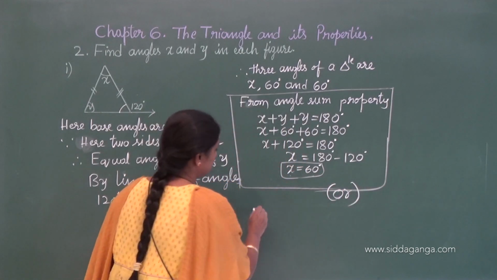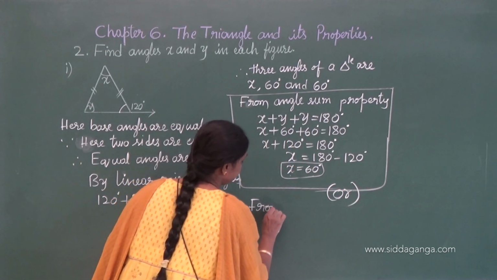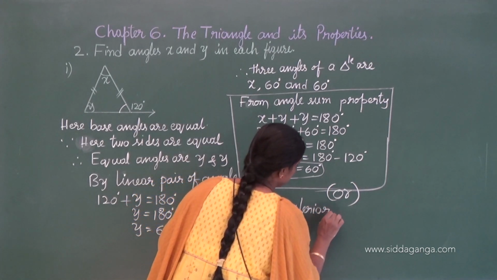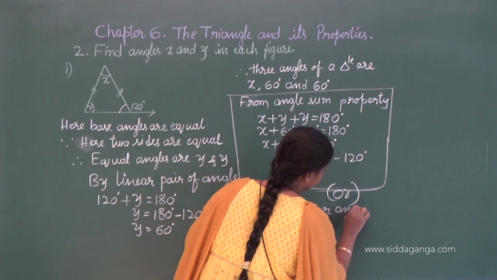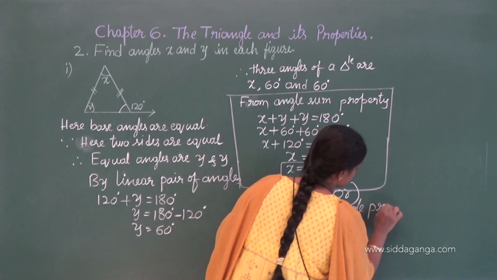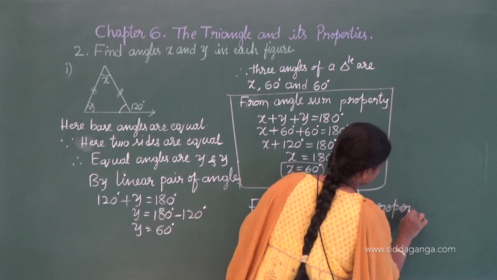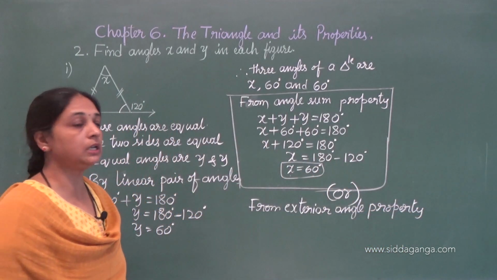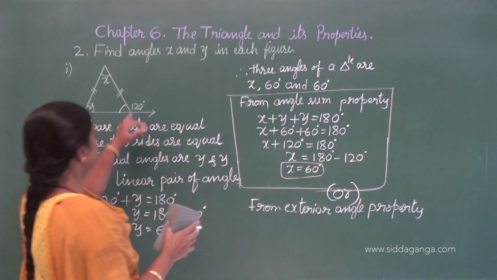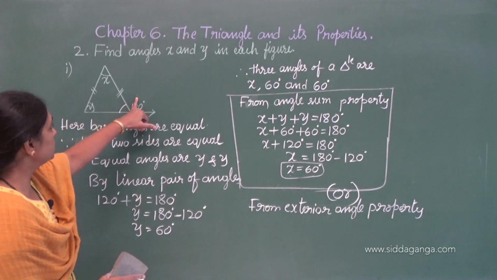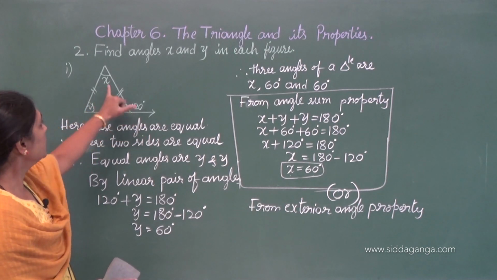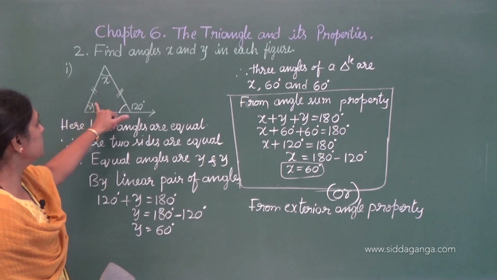From exterior angle property, what does it tell? It tells that exterior angle is equal to the sum of the interior opposite angles.